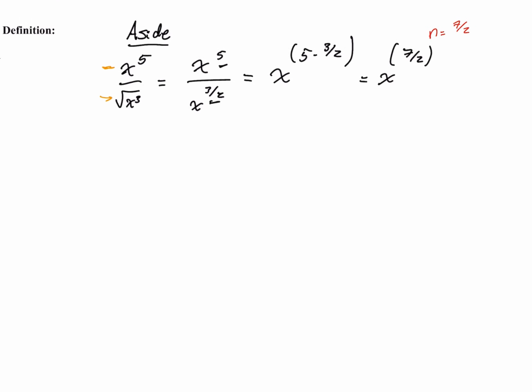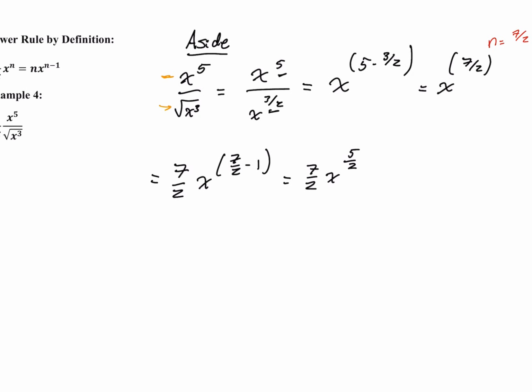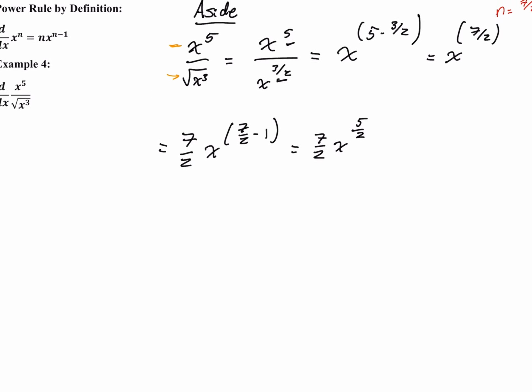Bring this down to the front. So we're going to multiply by our n term here. So this is going to be 7 halves x to the 7 halves minus 1, which is equal to 7 halves x to the 5 halves. And there is your derivative for example 4.